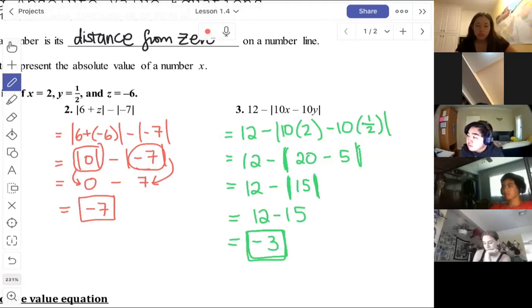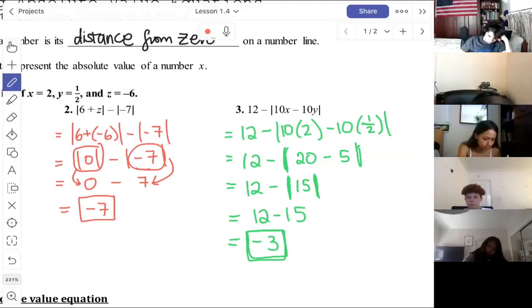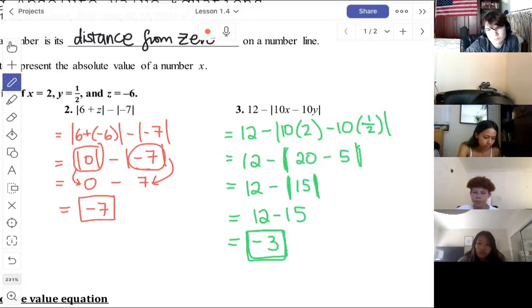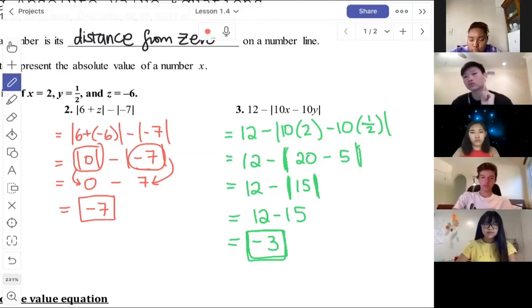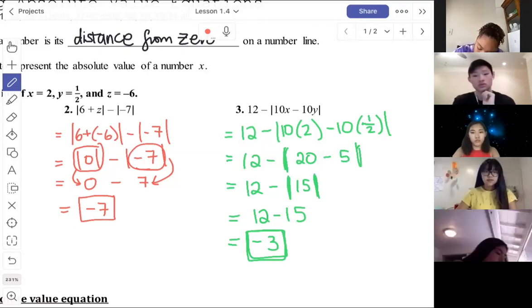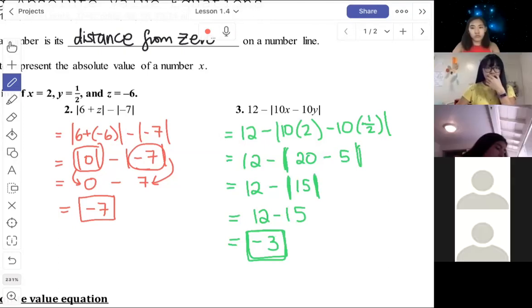Okay, it looks like most people are done. If not, go ahead and start finishing up, and then you can check your answers with mine and see if we got the same thing.